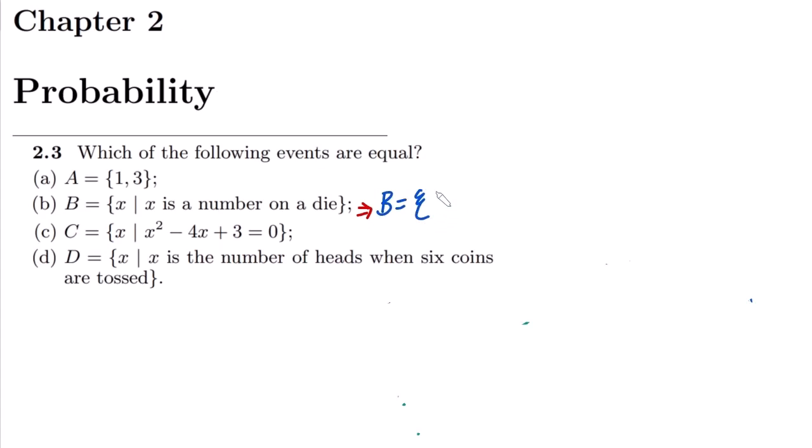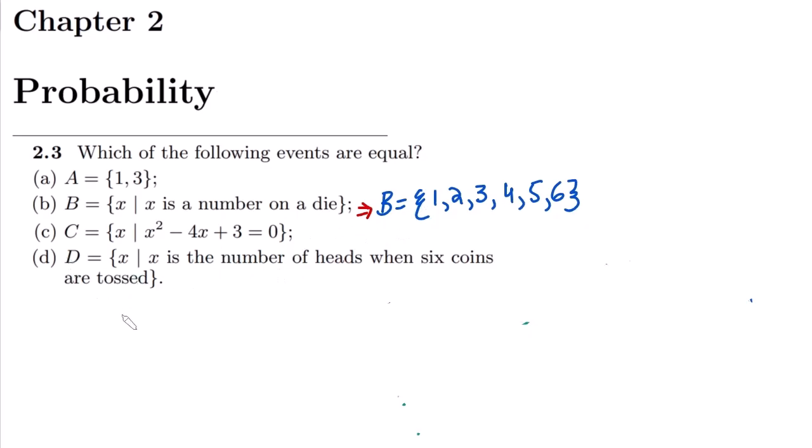I have numbers which start from 1, 2, 3, 4, 5, and 6. So this is the sample space which represents event B.